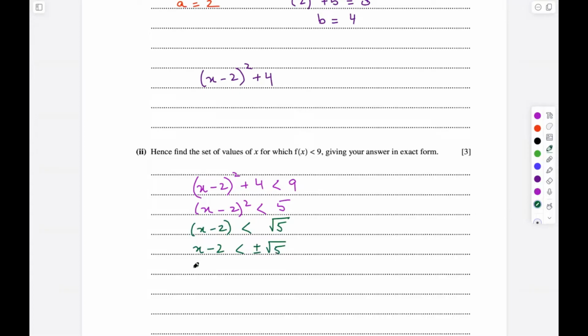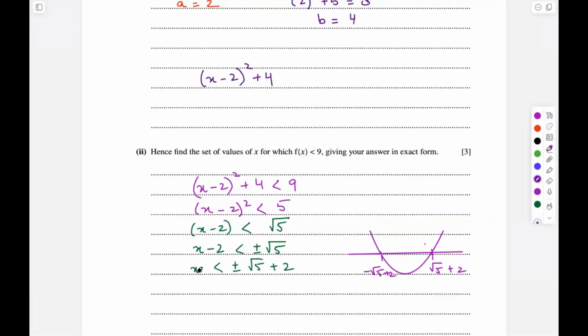And taking 2 to the other side, x will be less than plus or minus root 5 plus 2. Now, as we have to give the correct inequality signs as well, if we sketch a quadratic curve, we know that the upper root will be root 5 plus 2, and the lower value will be minus root 5 plus 2.